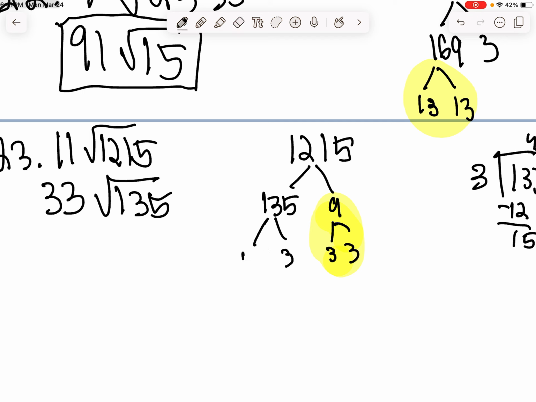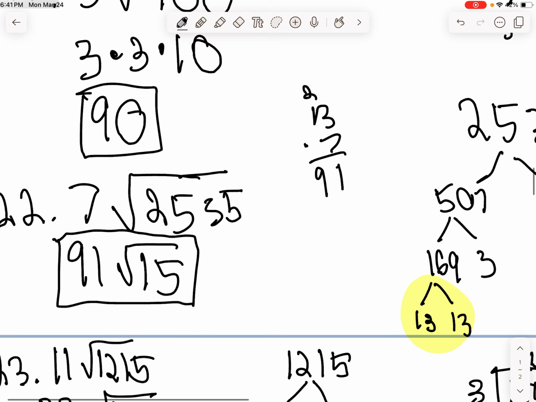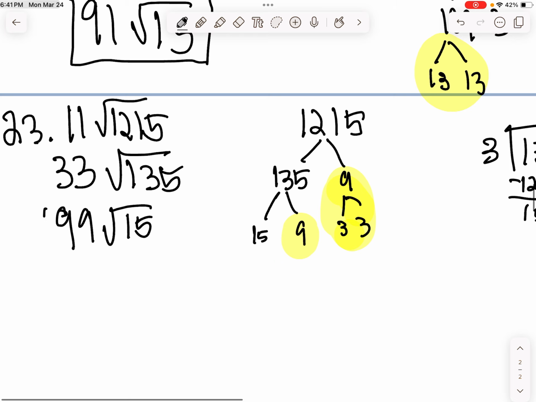Or should I say 15 and 9. I am going to highlight that again, but I'm not going to redo it because we just did it. So 33 times 3 is 99, times the square root of 15, which as you can see earlier, we don't know. Or, we do know, but it's beyond the scope of this class, respectfully.